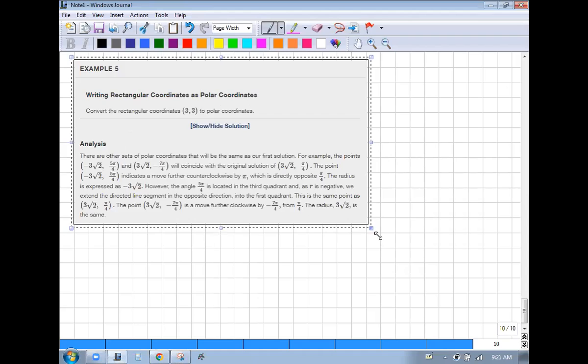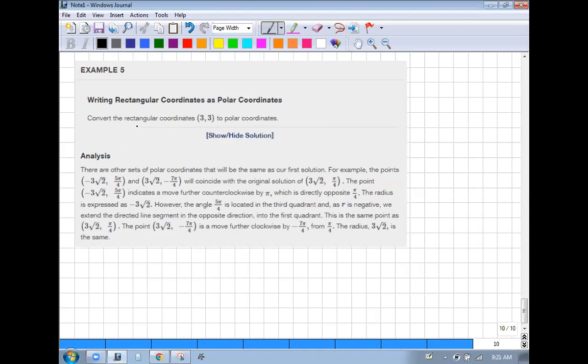All right, rectangular coordinates (3, 3). So rectangular to polar. 1, 2, 3, 1, 2, 3. Boom. Well, let's see. I know that this would be pi over 4, right? Because we've gone to the right 3 and up 3. What would my r be, though? I don't know. Going 3 that way and 3 that way, right?